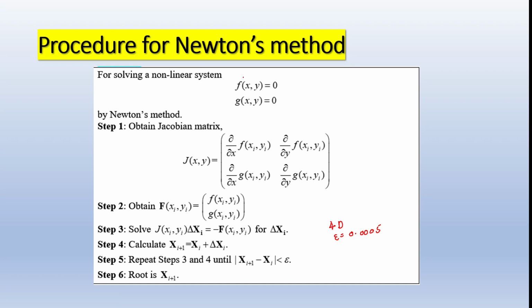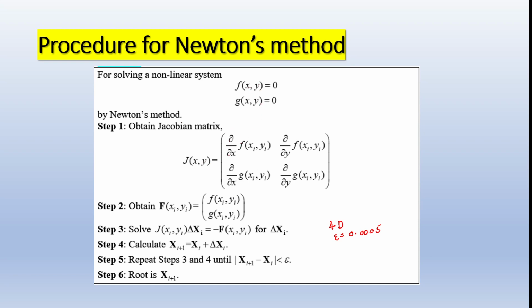So we repeat the procedure for solving a nonlinear system using Newton's method. We show the simplest nonlinear system, f(x, y) equal to 0, g(x, y) equal to 0. To get the solution by Newton's method, the first step is to obtain the Jacobian matrix. This is only two nonlinear equations in terms of variables x and y.